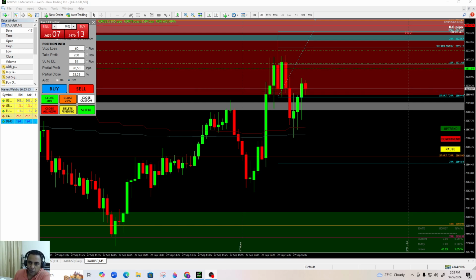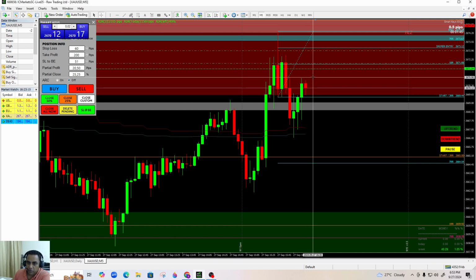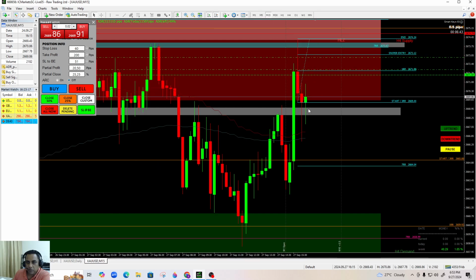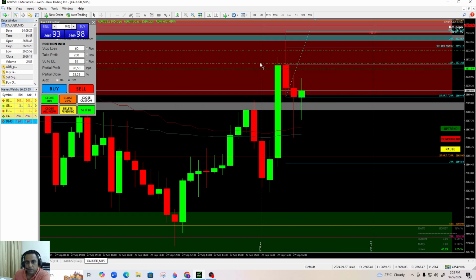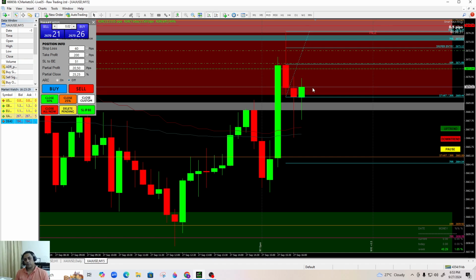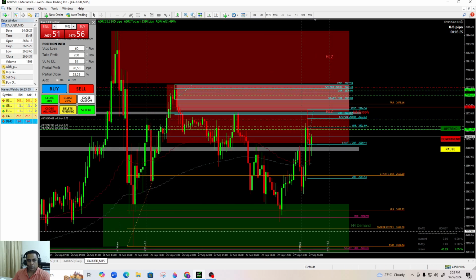We had a very similar situation yesterday. Price came right up there to the highs on the M15 and just didn't get to our entry. Very similar. So we got resistance here, we got support here. Price is right in the middle of this too. It's about a 50 pip range.